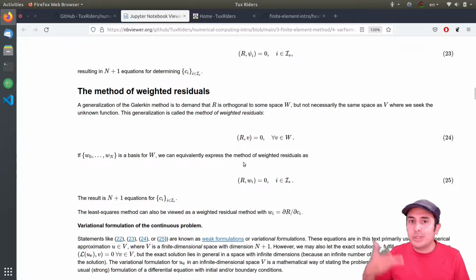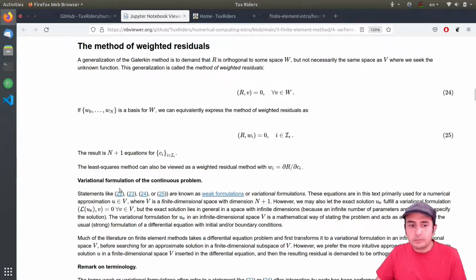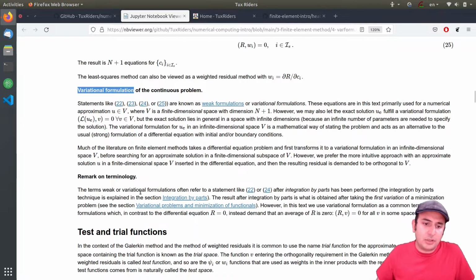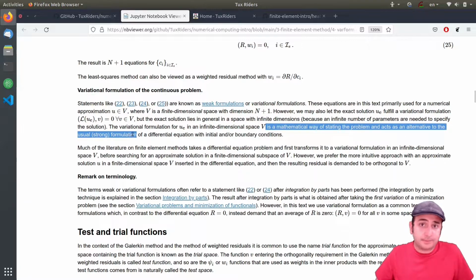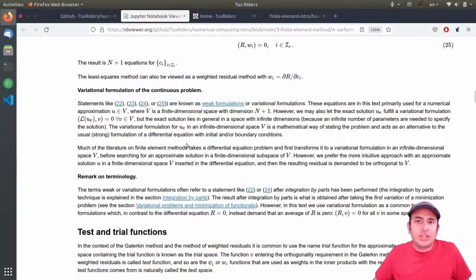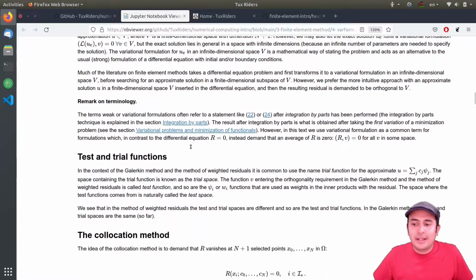Later on, you will see that for higher order differentiation, for derivatives, it becomes a little bit tricky, and that's why we always say that we need the weak form or the variational formulation of the equation. It is the terminology, and it is used as an alternative to the strong formulation of a differential equation, which is the main equation.